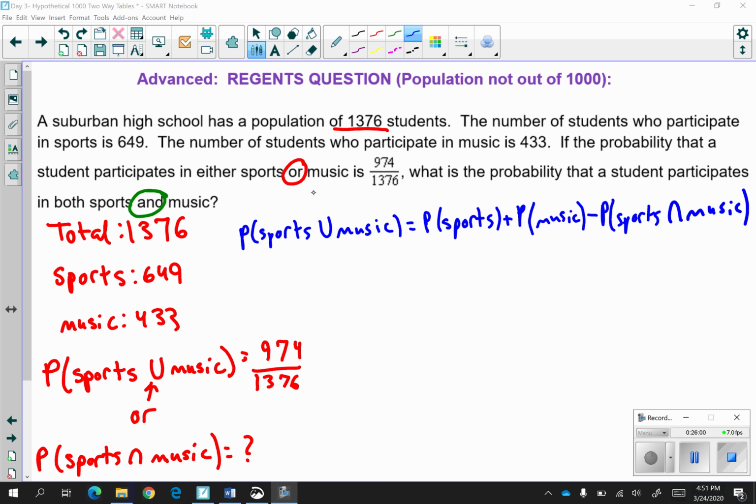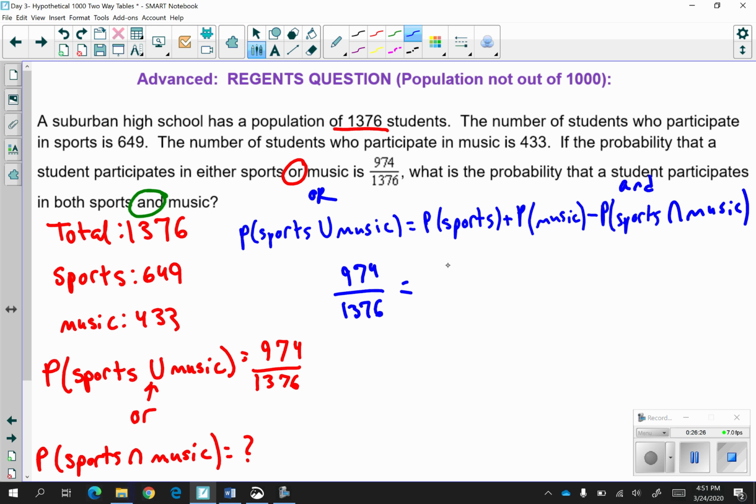So remember that the probability of or is the probability of one plus the probability of the other minus the probability of them both. So minus the and probability. We already know the or probability, which they told us is 974 over 1,376.